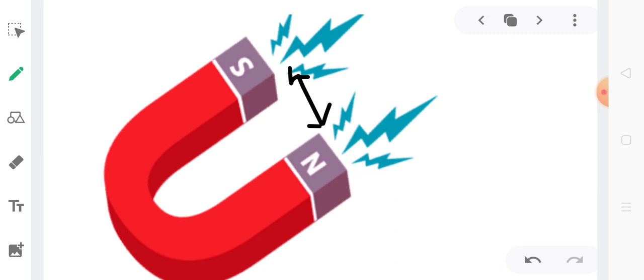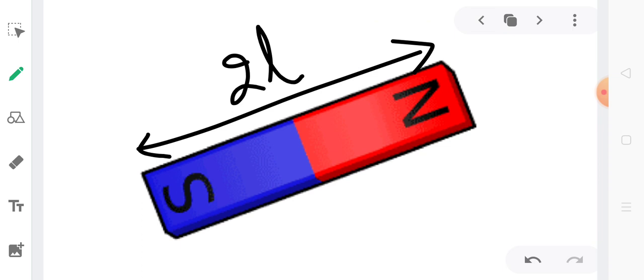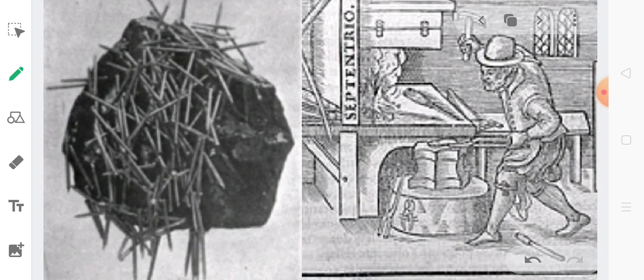But that doesn't negate the use of a bar magnet. Bar magnets are also very much useful. So now we will study about the bar magnets. Now, as you can see in the picture, I have shown the lodestone, the first ever magnet that was discovered.